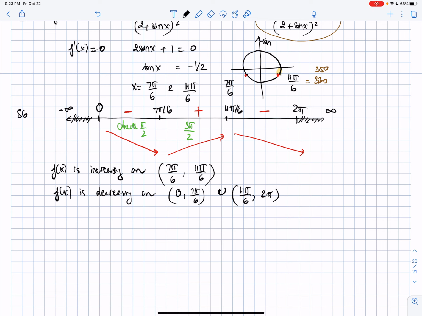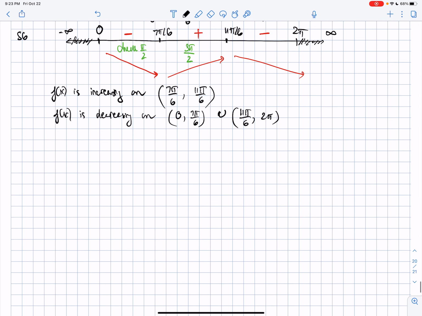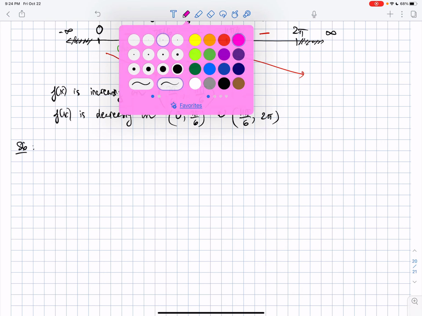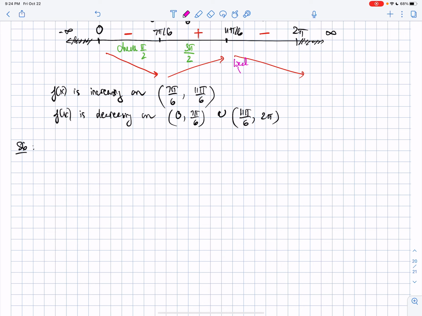So the next step, we can answer the local max and the local min in step number 6. So step number 6, we can see that right here is going to be local max, and right here will be local min.